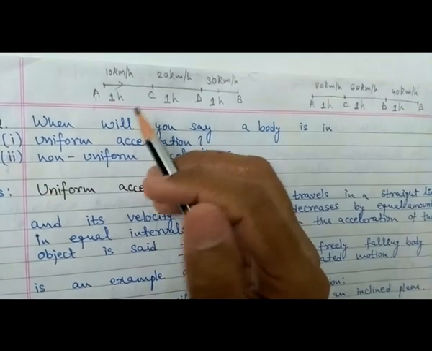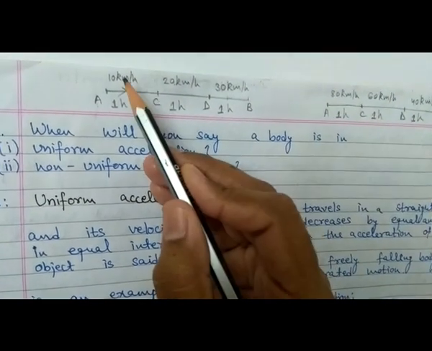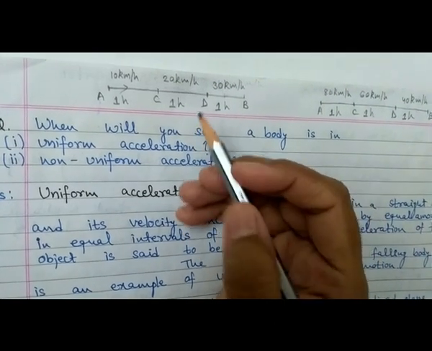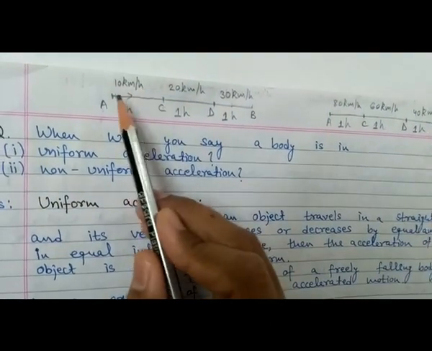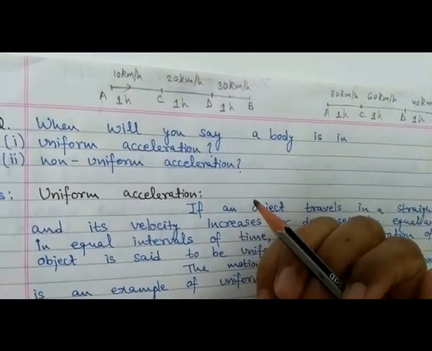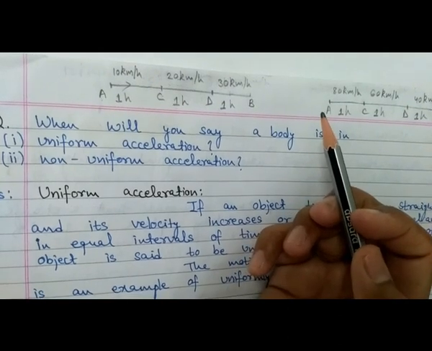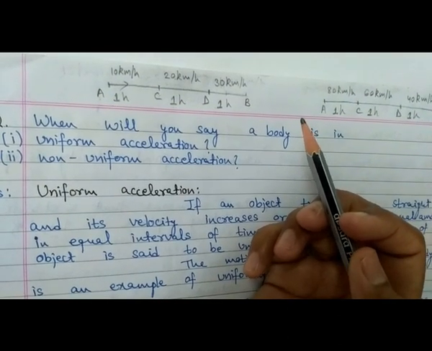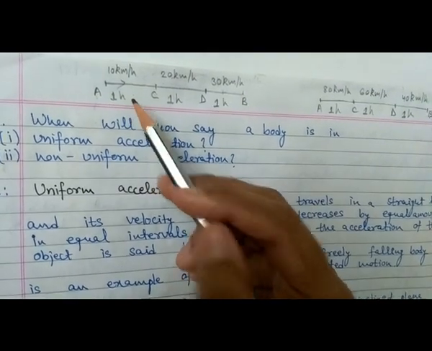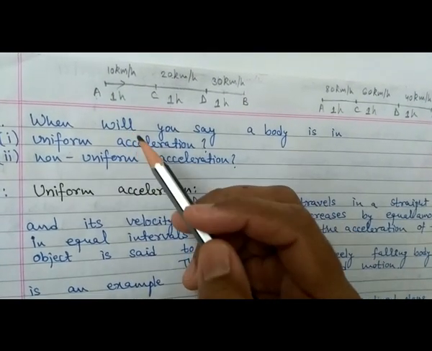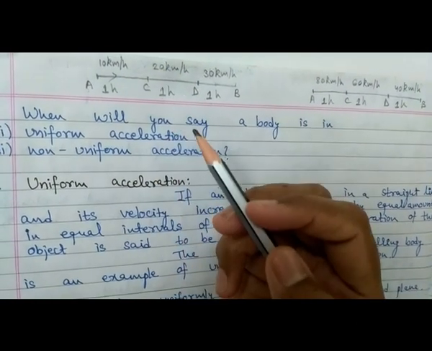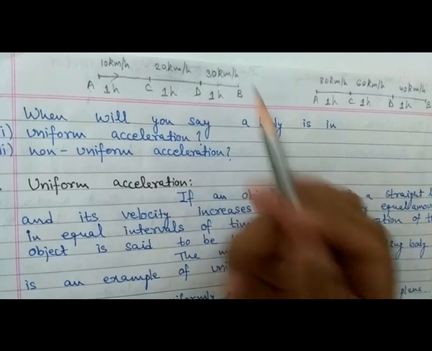Now, what have you noticed with this example? That while traveling, the car is changing its velocity, isn't it? There is a change in velocity per unit time. That means in every 1 hour of time, there is a change of 10 km per hour every time.